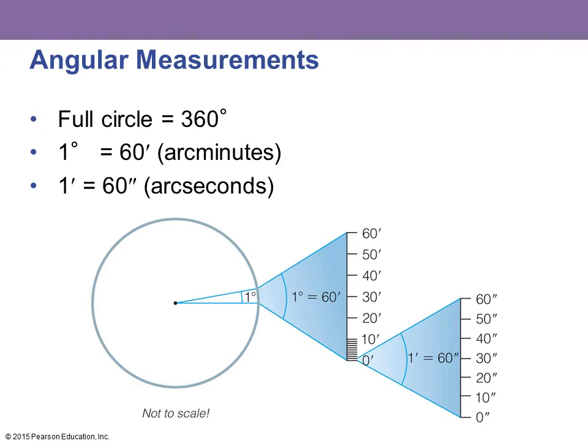Those are called arc minutes. There are 60 arc minutes in 1 degree. But even 1 minute is not a small enough measurement of what's in the sky, so we divide that into seconds. So 1 minute is equal to 60 arc seconds.